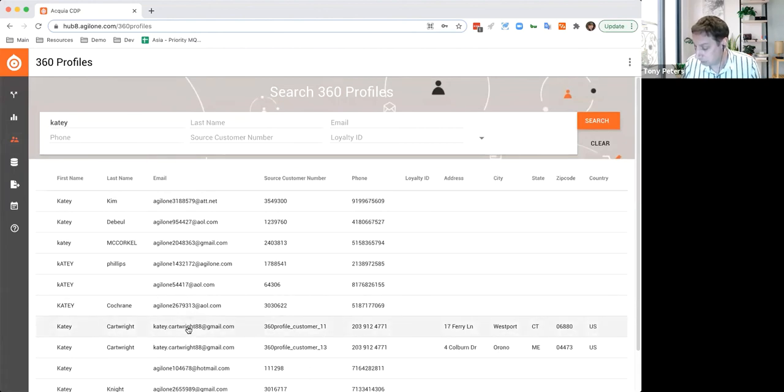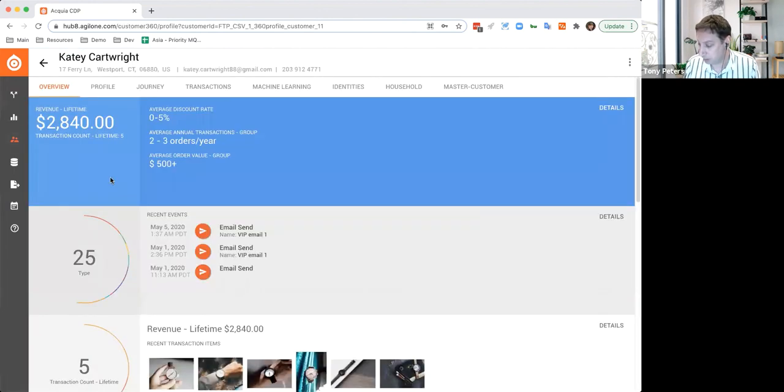Let's click on a profile in here and have a look. What they're going to be able to see now, and this is a real boost from just using the individual channels like your web personalization, your marketing automation or your CRM on their own, is that you're starting to get that view of the data across all of these channels.